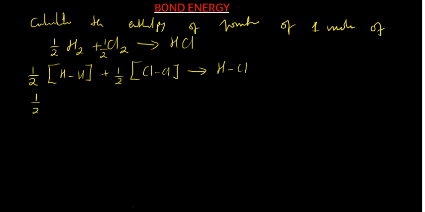Now the bond energy for H-H, the bond energy between two hydrogen atoms, these values are going to be given in a table. The bond energy here is 432 kilojoules per mole. The bond energy between chlorine and another chlorine is 239 kilojoules per mole.